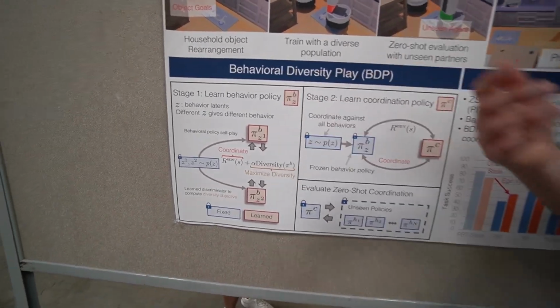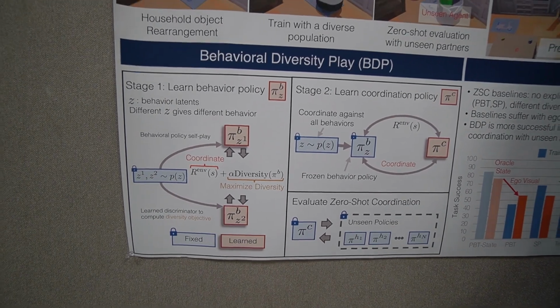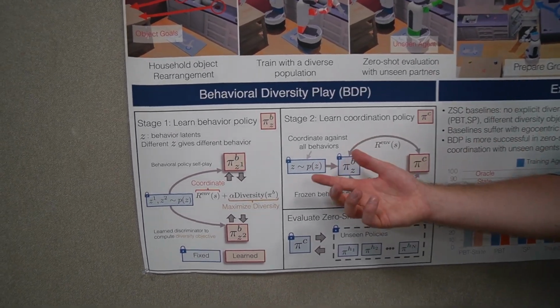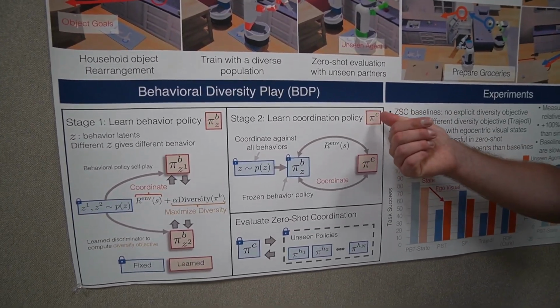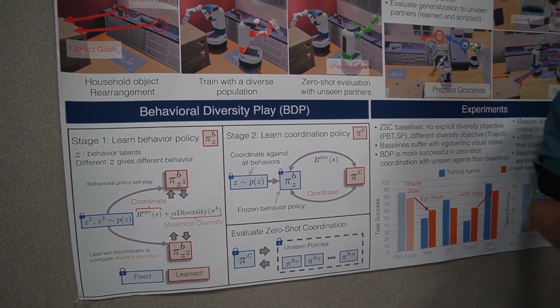The behavior policy is trying to generate the entire distribution of possible cooperation strategies we'll run into at evaluation time. Then we freeze this and train a coordination policy against all these different behaviors that the behavior policy can generate.